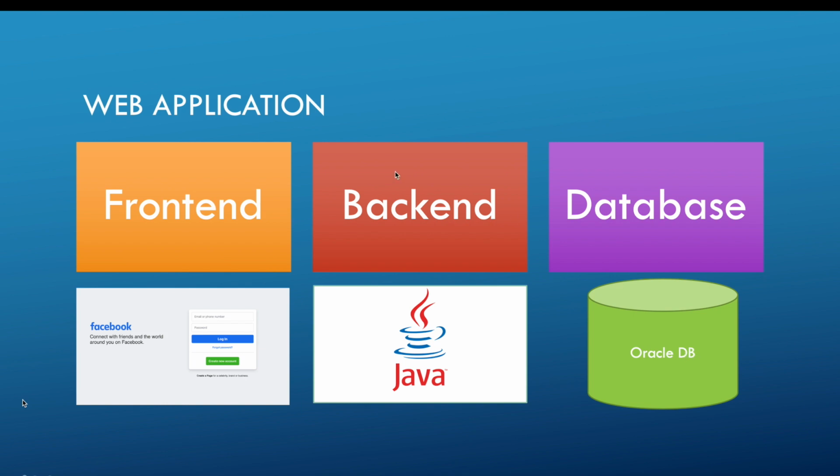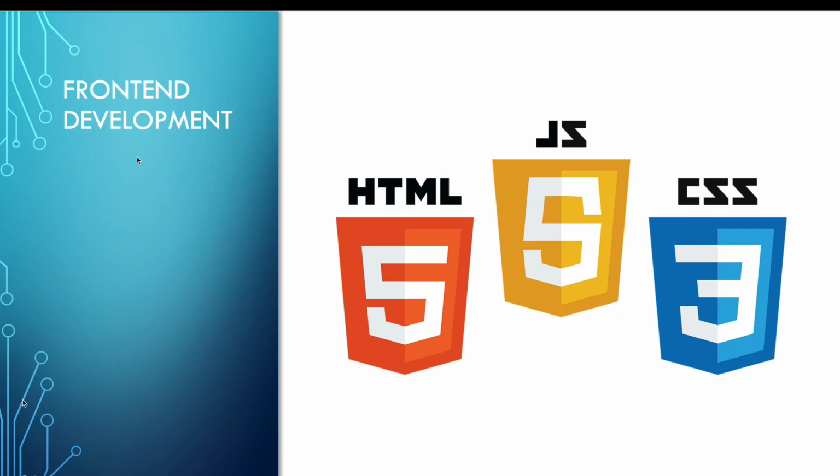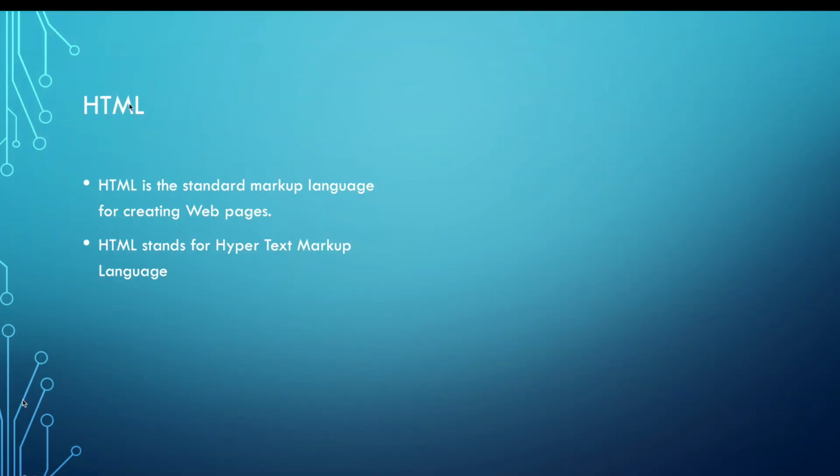In this session, we will be learning and focusing on front end. When we are learning front end development, we need to focus on HTML, JavaScript, and CSS. Now, what is HTML? HTML is a standard markup language for creating a web page. If you want to create a web page or a website, you need to use HTML.